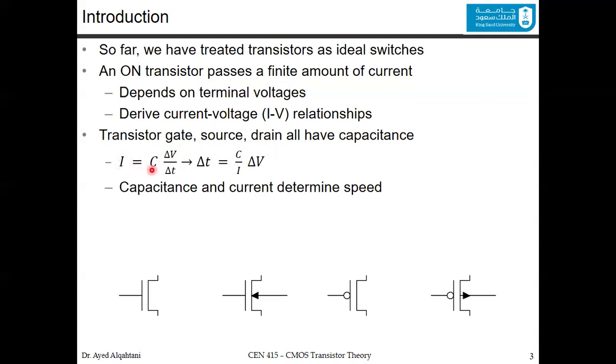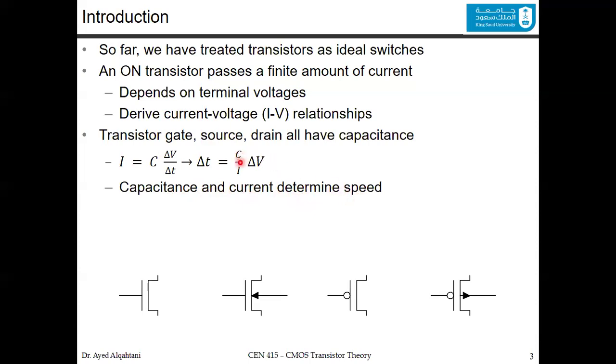According to this law, the current is equal to the capacitance multiplied by the change in the voltage over time, or the first derivative of the voltage, which we can rewrite as delta T is equal to C divided by I multiplied by delta V. And from this, we can get that the capacitance and current determine the speed.